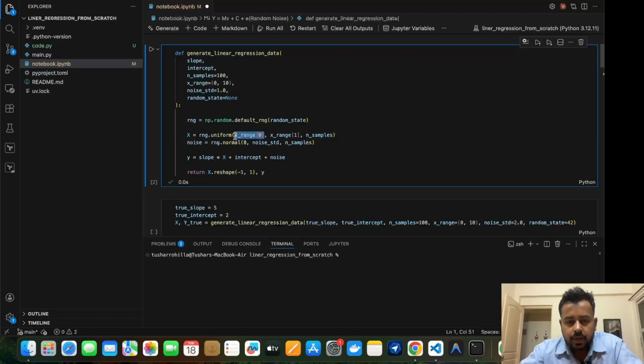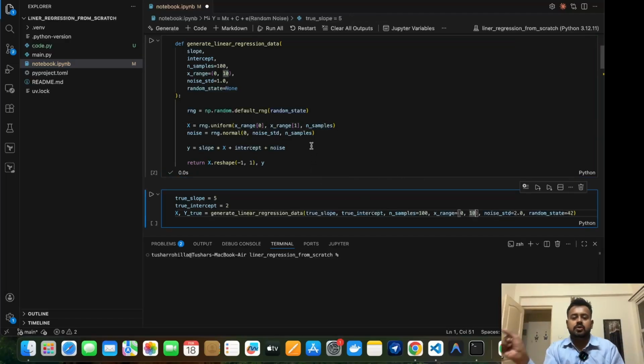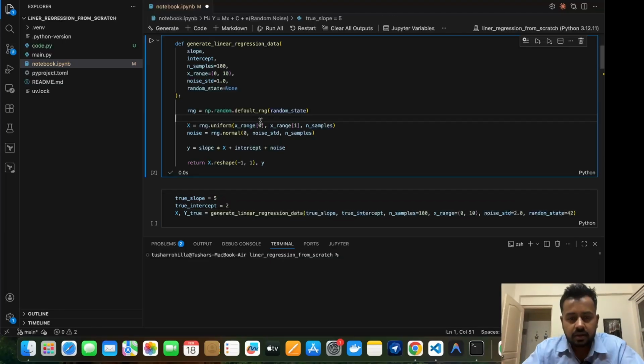This particular parameter gives us the mean of that distribution, and this gives us the standard deviation of that distribution, like how much it is varying. In our case it is actually 10, like x will be from 0 to 10, the standard deviation is up to 10 and the mean is around 0. So samples can be from -10 to +10, something like that.